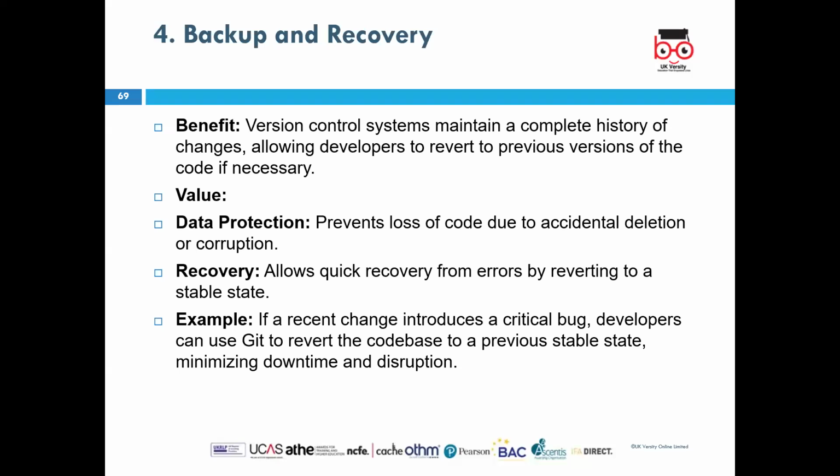Backup and recovery. A version control system maintains a complete history of changes, allowing developers to revert to the previous version of the code if necessary. So the values and benefits of this are data protection and a recovery system.